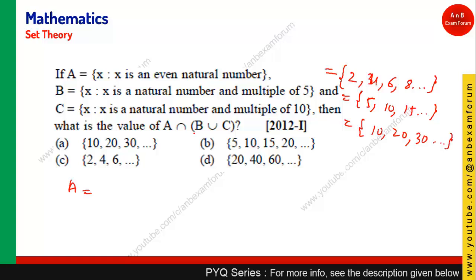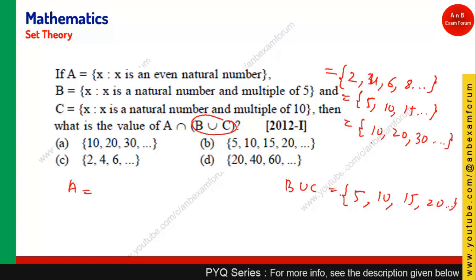Okay, so what would be the value of A intersection B union C? So let's first make B union C. What would be the elements in B union C? So this is B, this is C. So B union C will be the combination of these two: 5, 10, 15, 20 and so on.